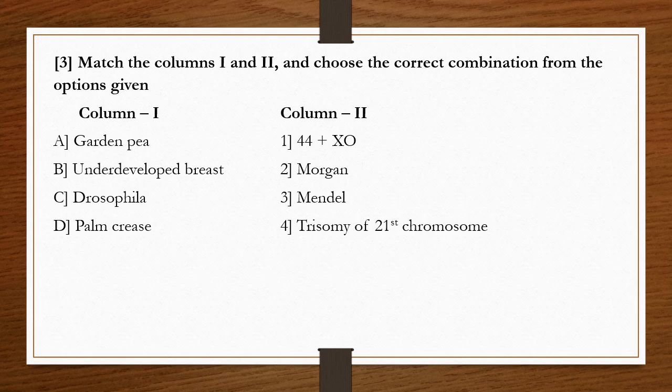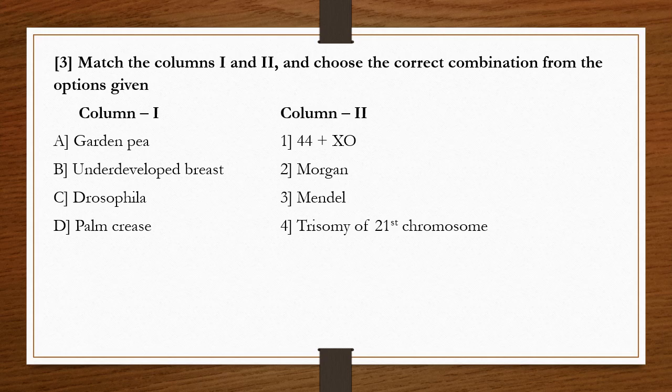Question number 3, match the column. Column 1 is given: A, garden pea, B, underdeveloped breast, C, Drosophila, D, palm crease. Column 2: 1, 44 plus XO, 2, Morgan, 3, Mendel, 4, trisomy of 21st chromosome.